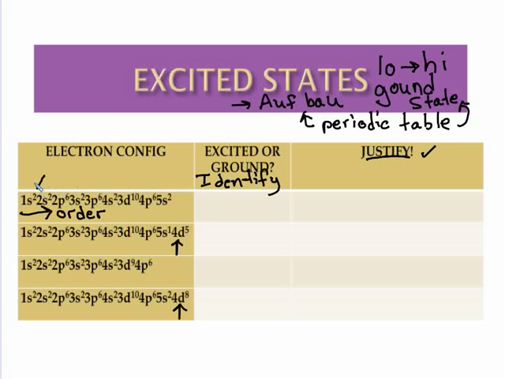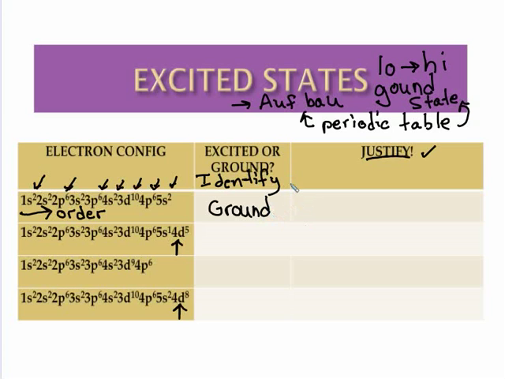Now, next what you want to do is take a look at the numbers of electrons in each of these. And if they're maxed out and nothing has hopped higher, and be careful, watch those little irregular ones, then it's likely to be a ground state, as is the case here.